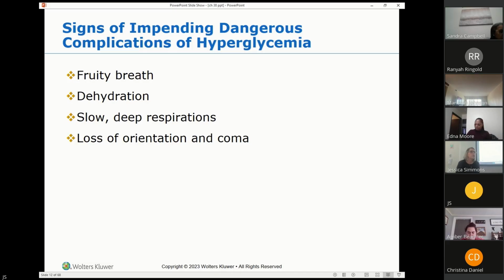Deep respirations are also called Kussmaul respirations. And then loss of orientation and coma. This is from severe diabetic ketoacidosis. These patients are absolutely in critical care. Even when you're in DKA, you are in the ICU, which means we are going to cover this heavily in 2851, which is Complex Care 1.